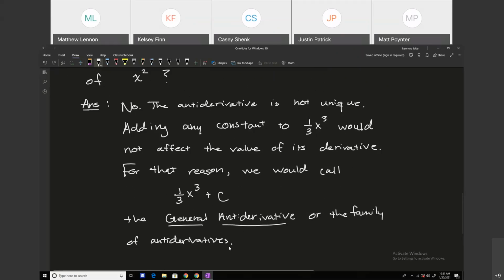I think your textbook is going to use general antiderivative more, so I'll just underline that one.